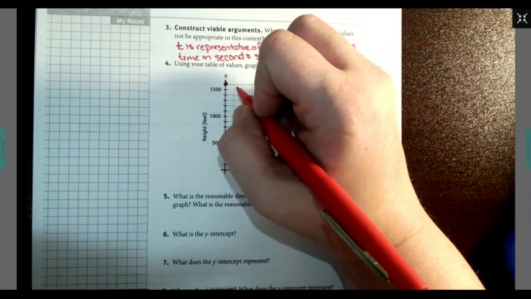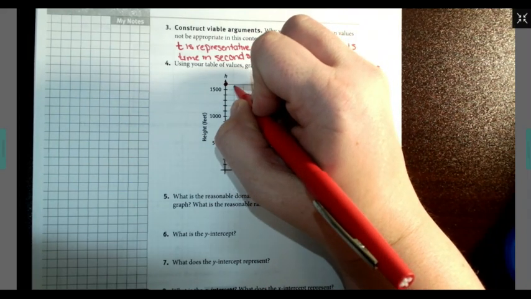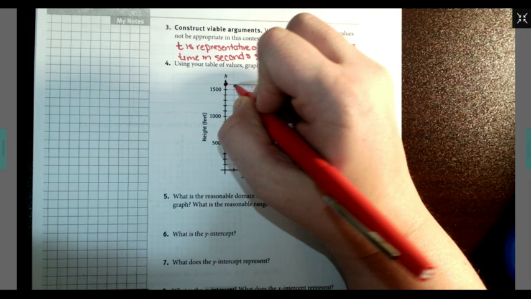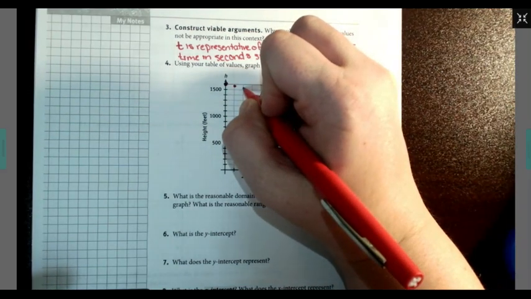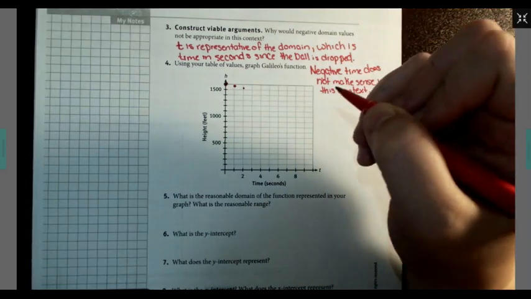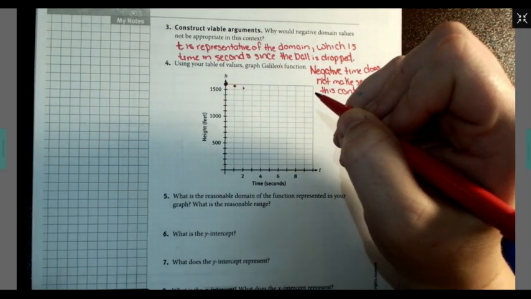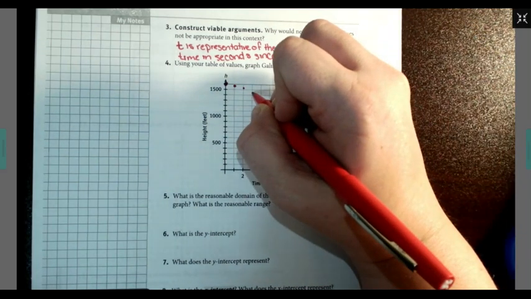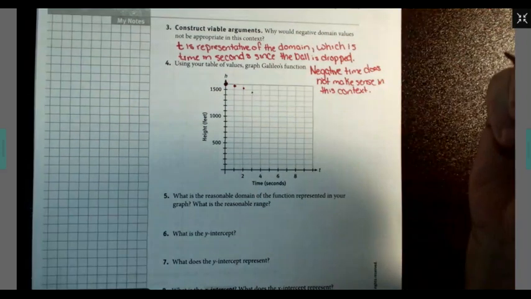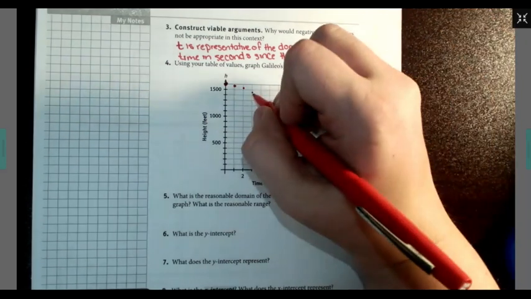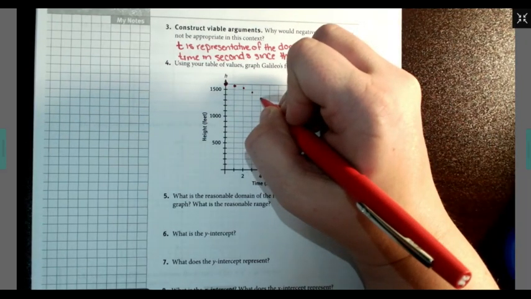It is 1584, so that's kind of close to 1600, but not quite there. At 2 seconds, it's a little closer to 1500. At 3 seconds, it's at 1456, so that's about halfway between 14 and 15. Then we have 1344, which is again about halfway.